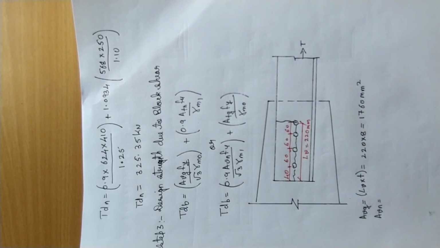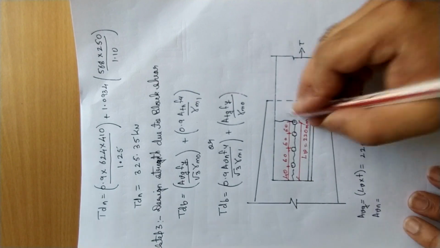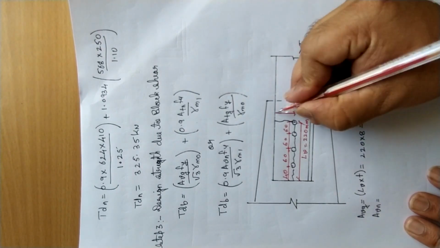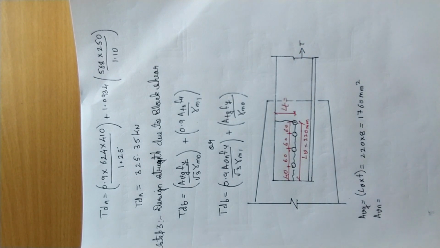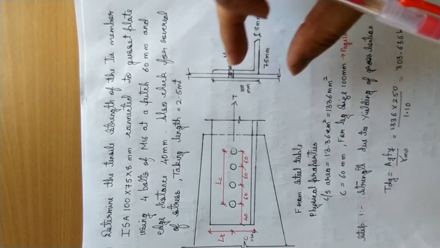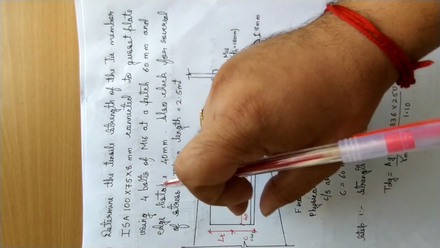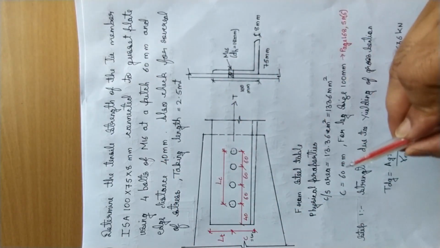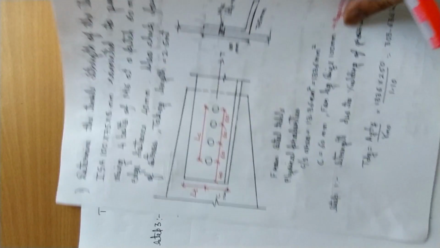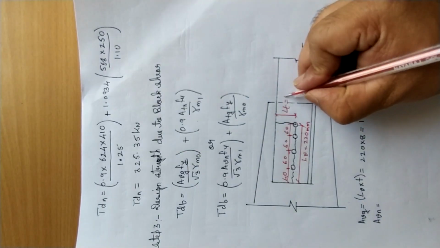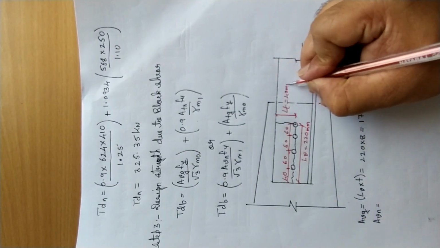We will write the other components as well. This becomes the distance LT, which we have already noted down. As we know, the total leg length is 100 and this is C, which is 60 mm. So the remaining LT will be 40 mm.